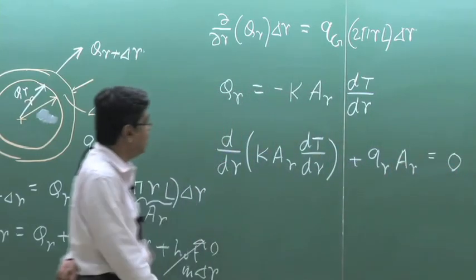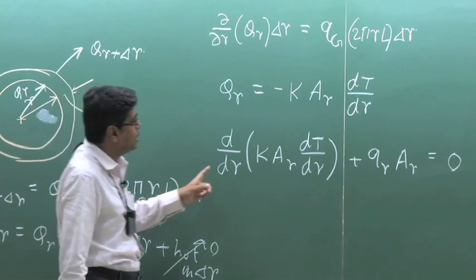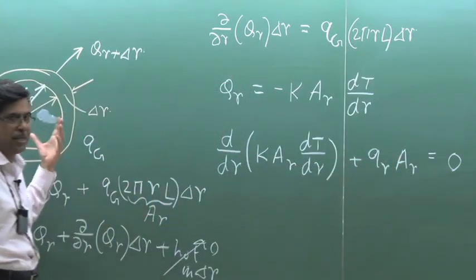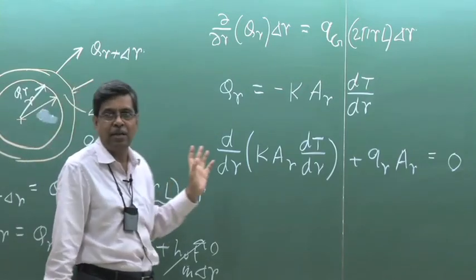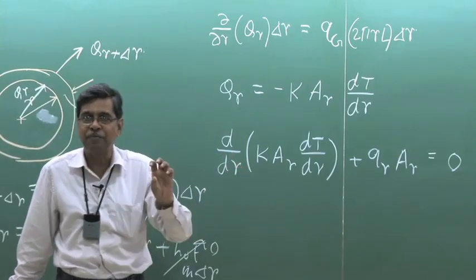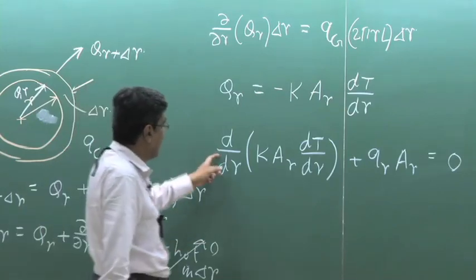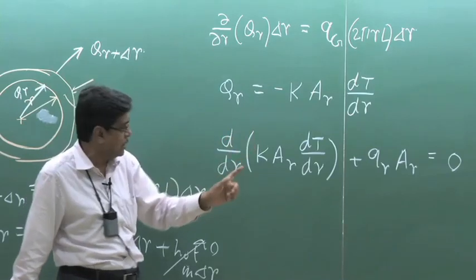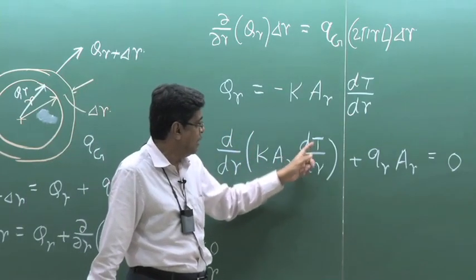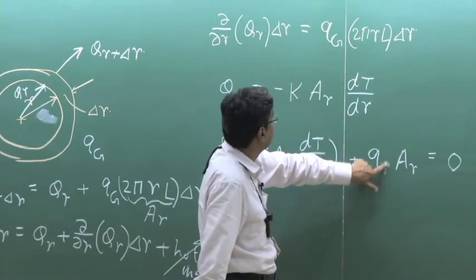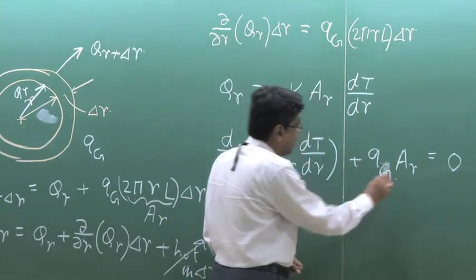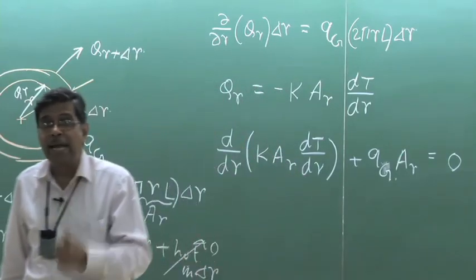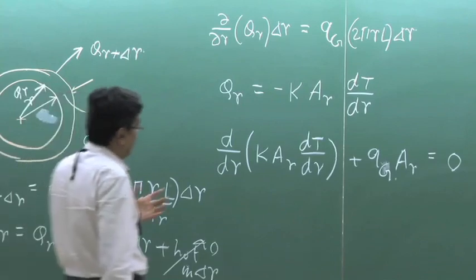Delta r gets cancelled. My sole intention in writing it this fashion, with AR though I wrote earlier twice pi r L, is that this is the same equation used for the plane surface with varying area: d dx in the Cartesian coordinate system, when T is a function of x, of k Ax dT dx plus qg Ax equals 0. But the difference is that in a plane area, A may be constant under certain situations.